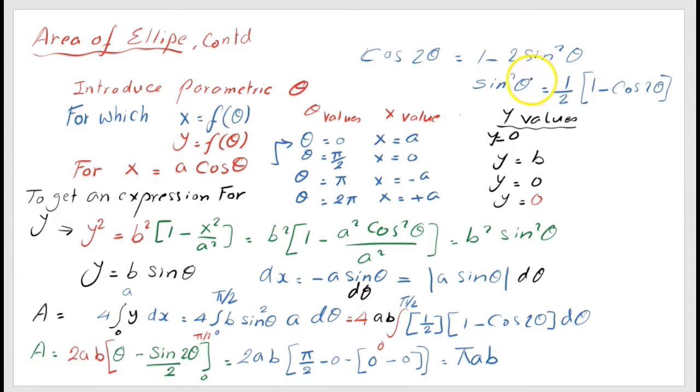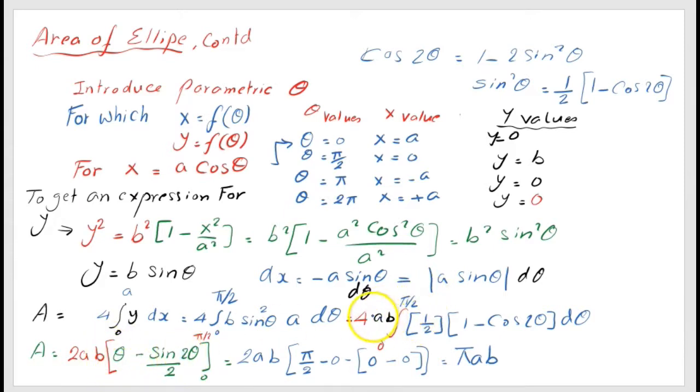We will use the expression sine squared theta equals 1/2 times 1 minus cosine 2 theta. This will facilitate our integration. So we have the integration of 1 minus cosine 2 theta d theta. The integration of d theta is theta, and the integration of minus cosine 2 theta is minus sine 2 theta over 2, and we are going inside the bracket.